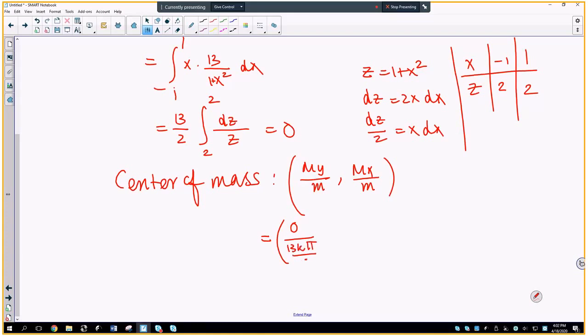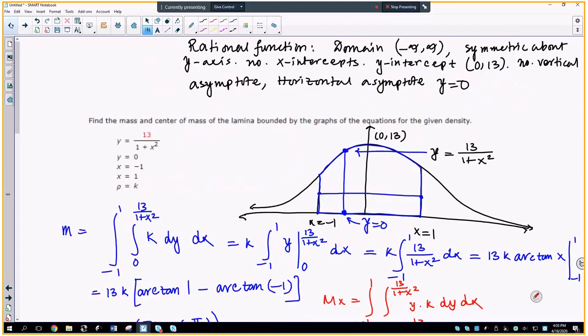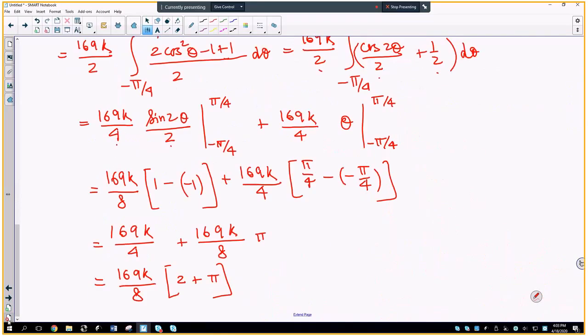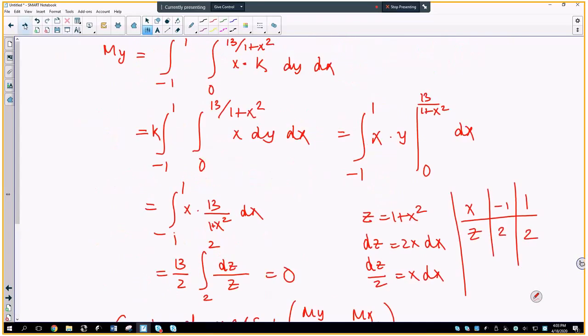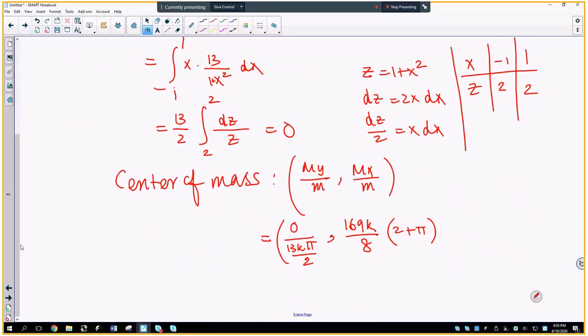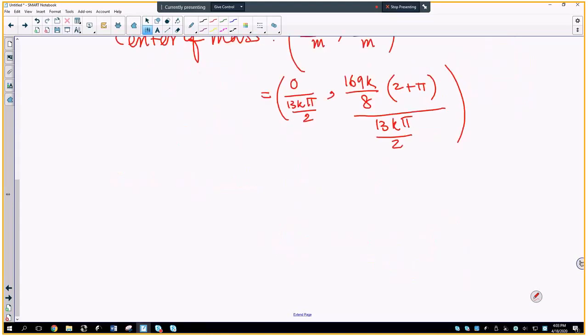It's insignificant at this point. And then this one was 169 k over 2. I actually forgot. I think 8 times 2 plus pi. I'm going to go check it. Let's go check this thing. So the mx was 169 k over 8 times 2 plus pi. So I think I said it right. All over the mass, which is 13 k times pi over 2. And that's going to give you the center of mass.